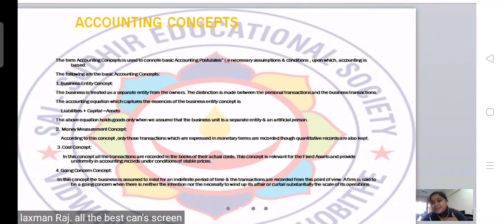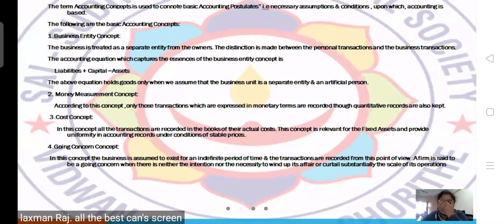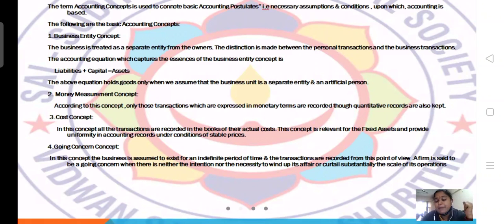So, stable prices. What is the meaning of actual cost? Have you heard of estimated cost anywhere? Estimated cost means that to manufacture any product, we put an estimated budget, say 10 rupees or 15 rupees on each product.